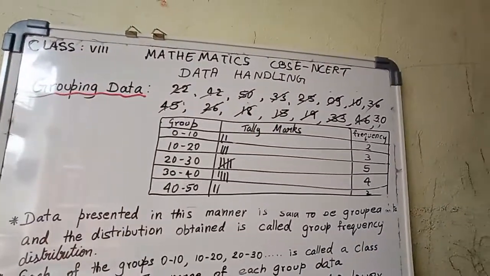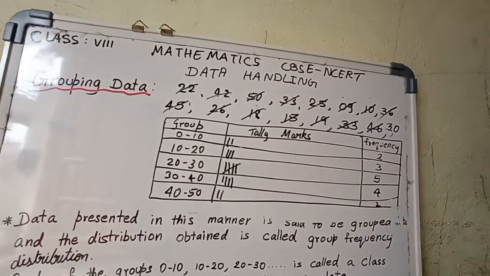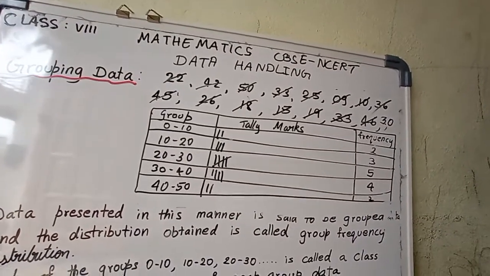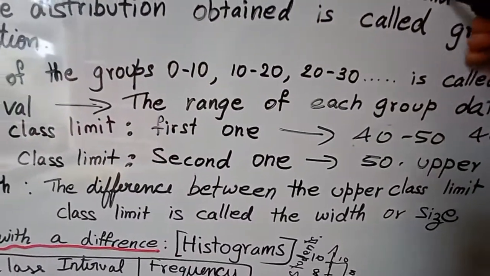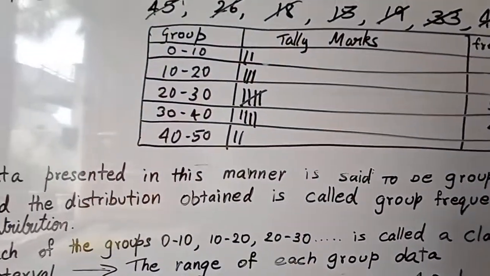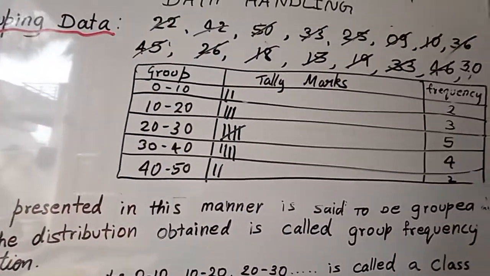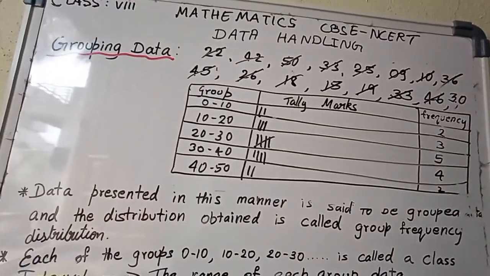So we have come to the conclusion. Data presented in this manner is said to be grouped data. If we show it in this way, we can call it grouped data. The distribution is obtained in the grouped frequency table.